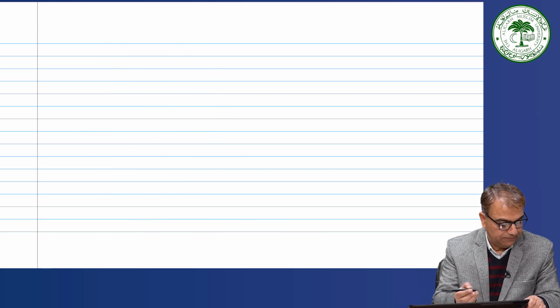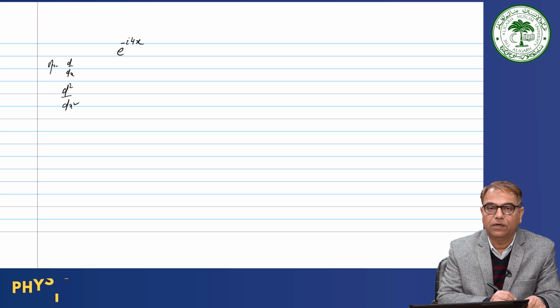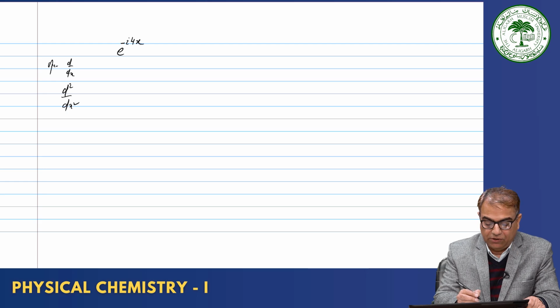Try another function, say exponential minus i 4x, and use two operators, d dx and d square by dx square, and check whether they are eigenfunctions or not.